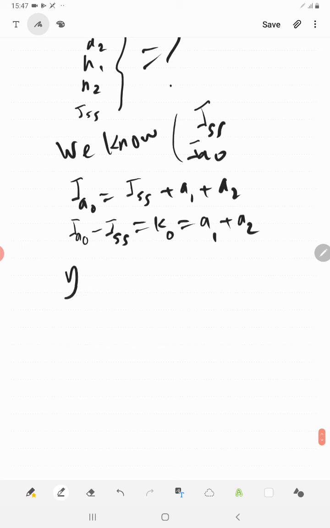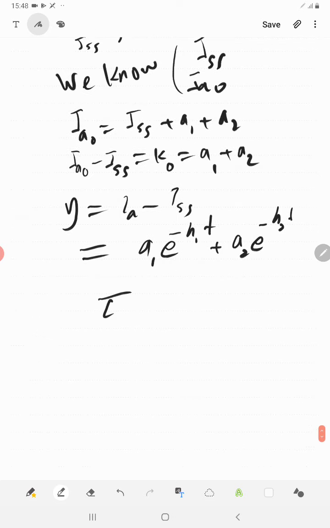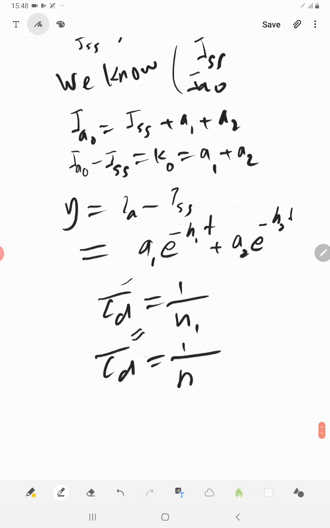We know Y is equal to I_A minus I steady state, so Y equals A1 e to the minus H1 t plus A2 e to the minus H2 t, where tau transient equals 1 over H1 and tau subtransient equals 1 over H2.